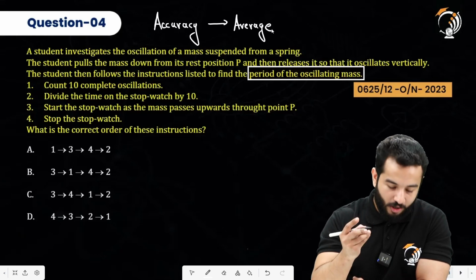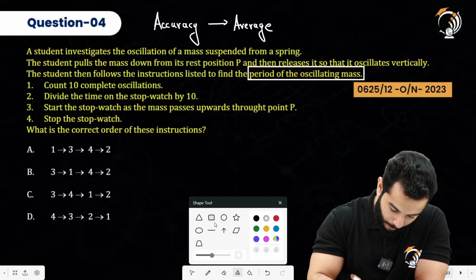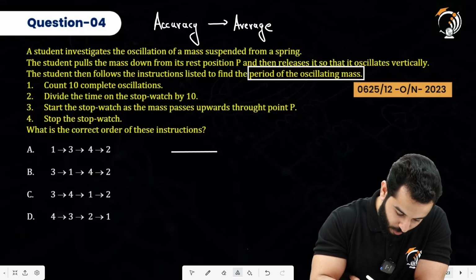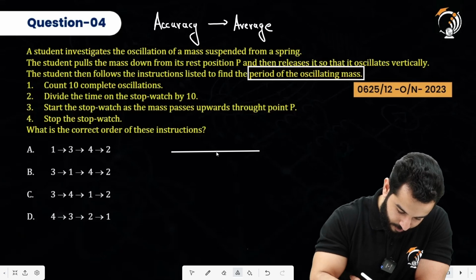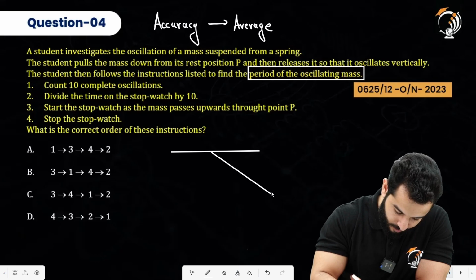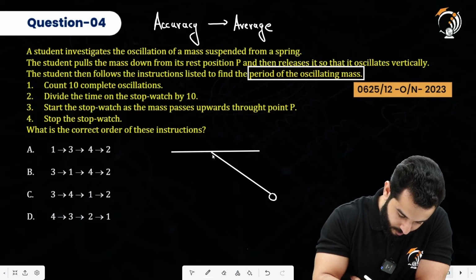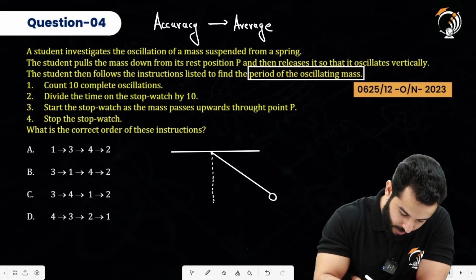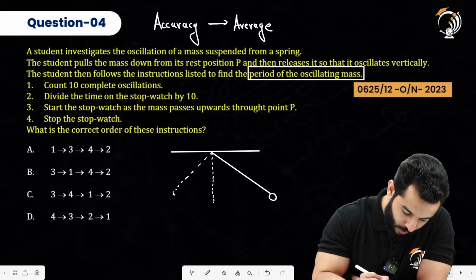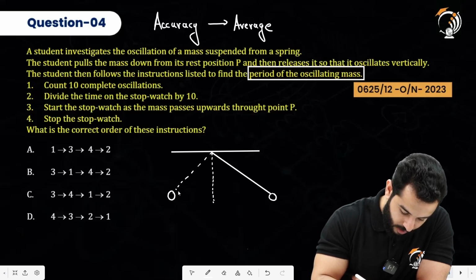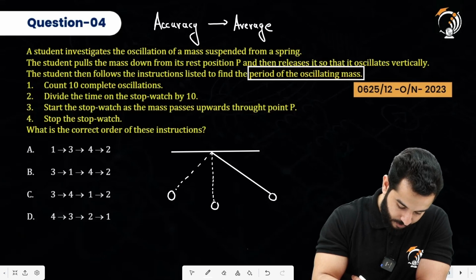right? So the first step is going to be, let's suppose we have got a pendulum like this. A pendulum is swinging over here between the extreme position, something like this, right?